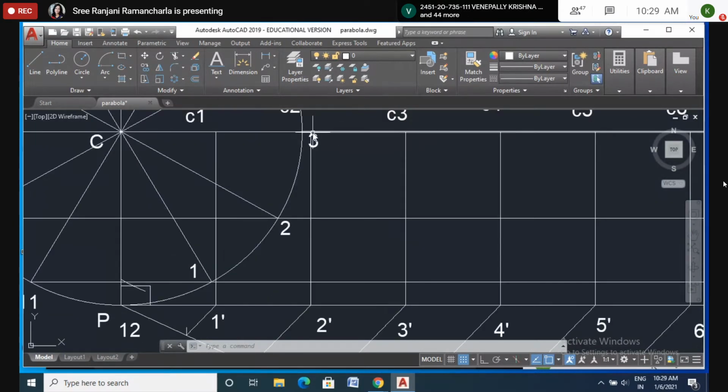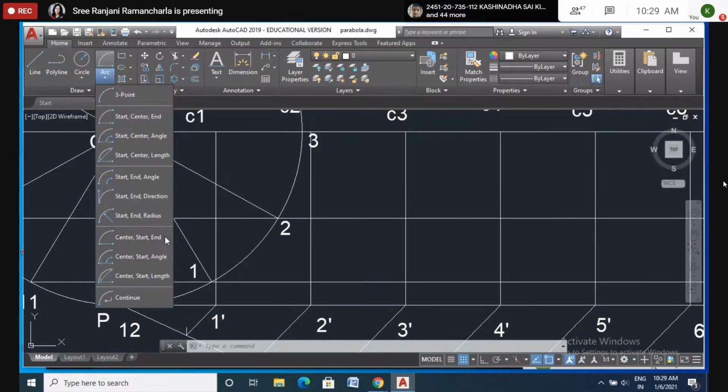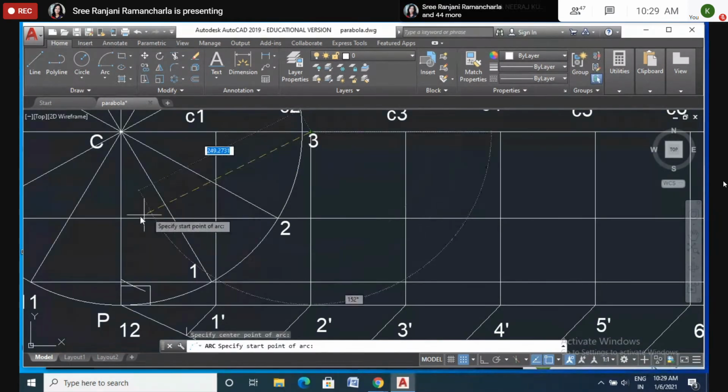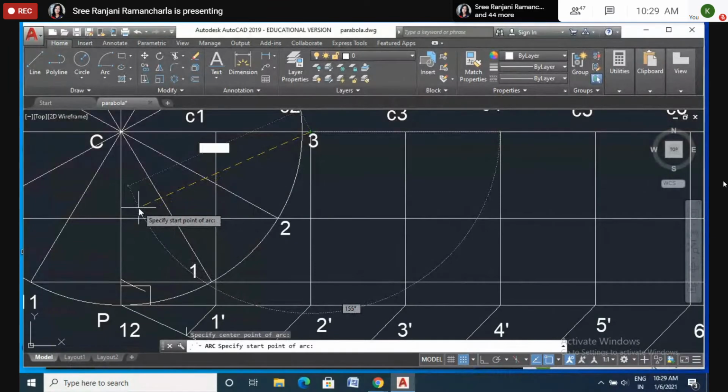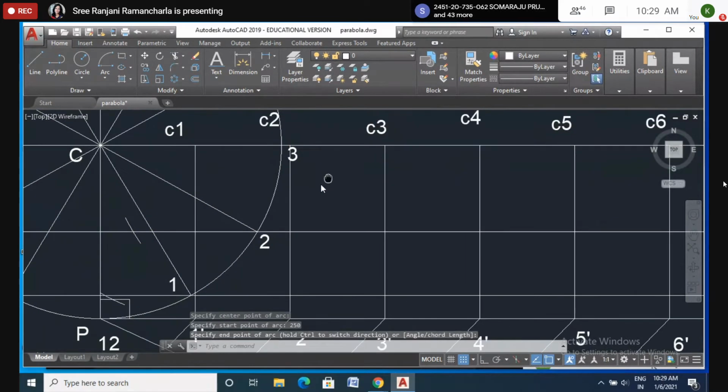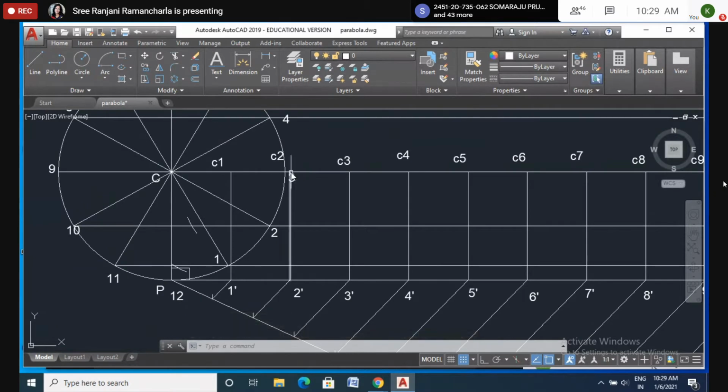Now another one, same radius. C2 as a center, cut the line passing through point 2. Like this. Got it now? C2 as a center, 2.5 as a radius.